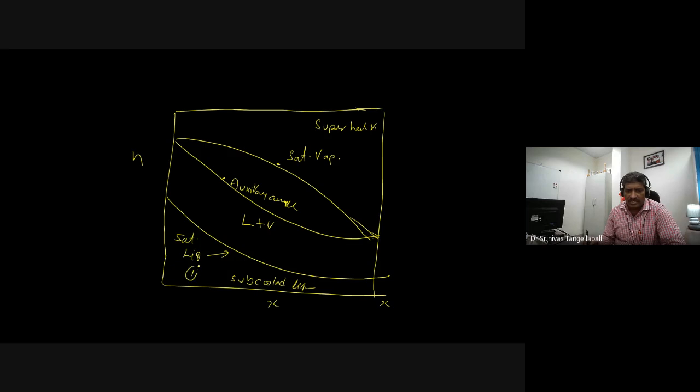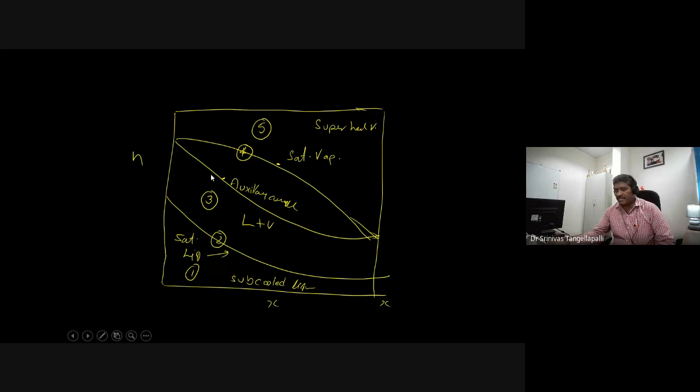The first one is a subcooled liquid, second is a saturated liquid, third is a liquid vapor mixture, fourth is saturated vapor, and fifth is superheated vapor. I am able to show five regions in this enthalpy concentration chart, similar to the temperature concentration chart.